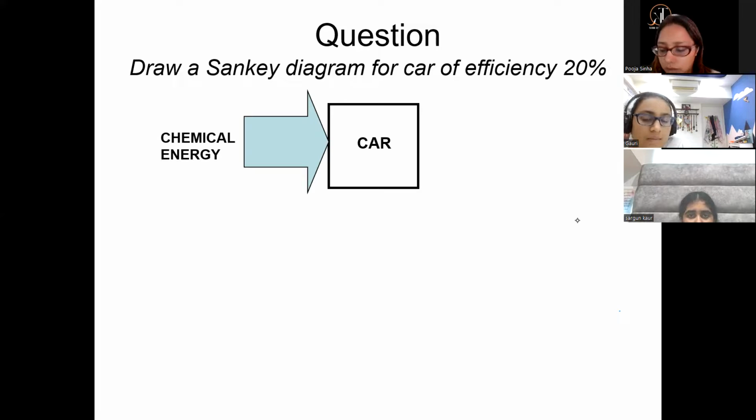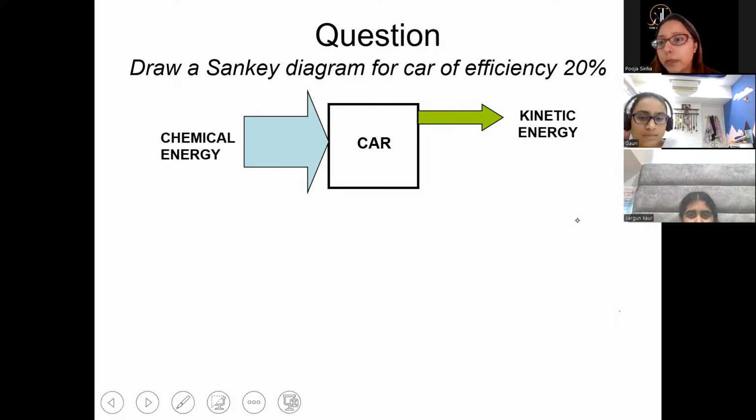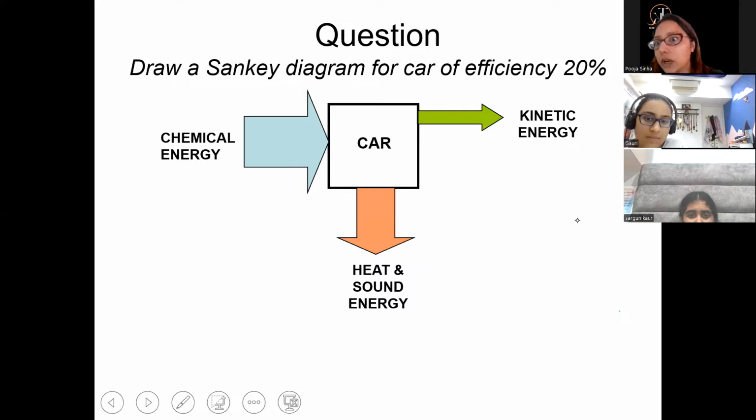Chemical energy is the input. Car is in the middle. Input की thickness देखो. Output में जो कुछ भी चीजें हैं वो आप लिखोगे. अगर 2-3 outputs हैं तो वो भी लिख देना. Output इस केस में kinetic energy है primarily, और heat and sound के terms में loss है.